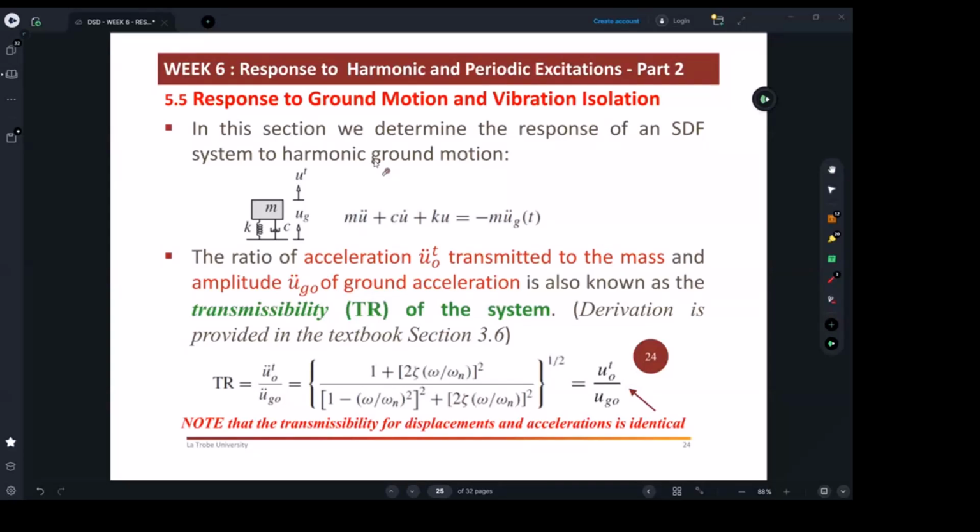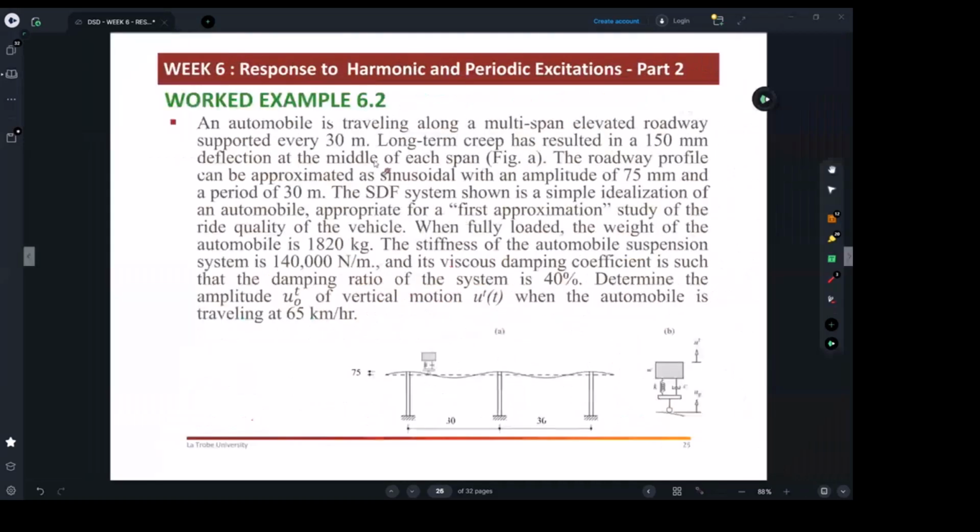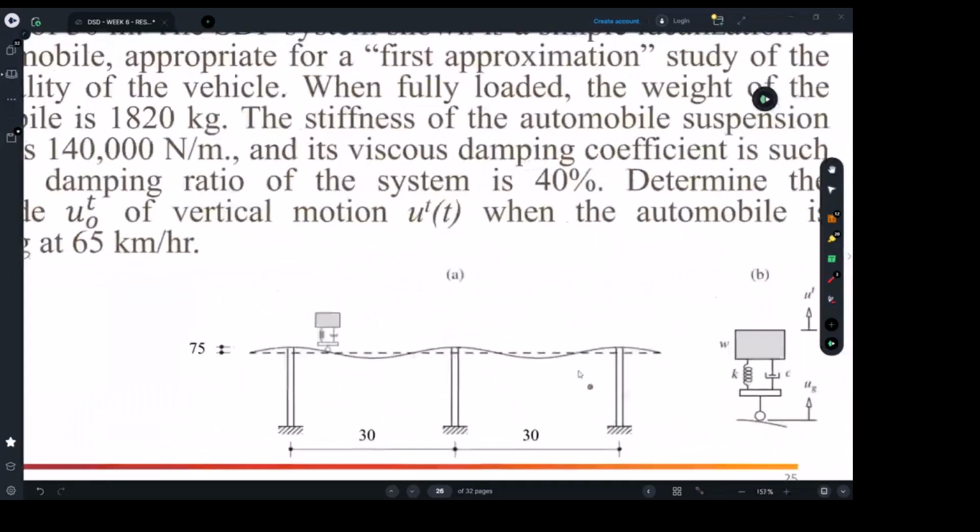Now, based on what we've been teaching you in terms of harmonic motions, they are not only applied to buildings that we can excite with harmonic motions, they can also be applied to traffic engineering problems, something like what you see in this example here.